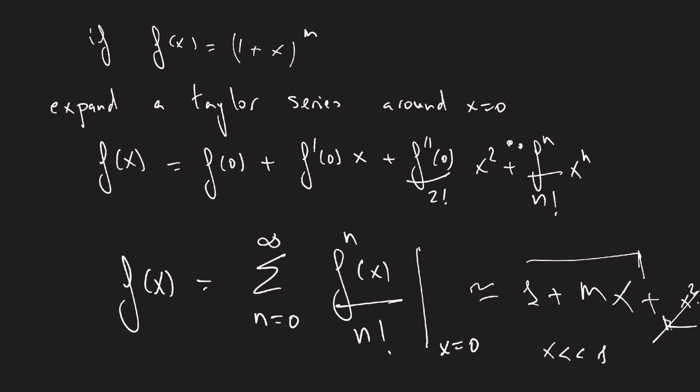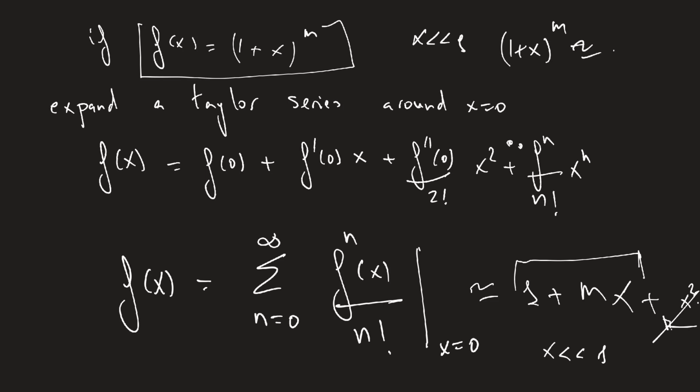So you can try to find the expansion series of this function, and prove that when x is very, very small compared to 1, (1 + x)^m, taking the first two terms, is 1 plus mx. You can prove it.